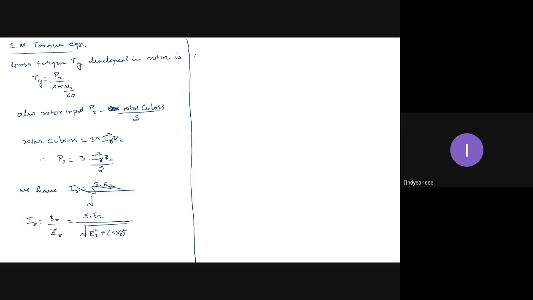Therefore, P2 is equal to 3 into IR square.